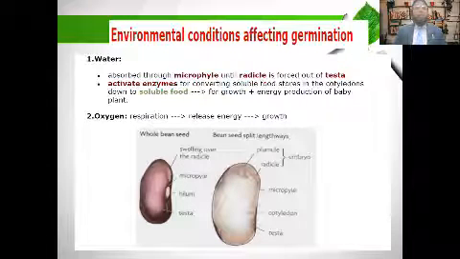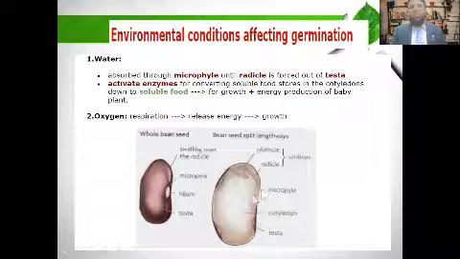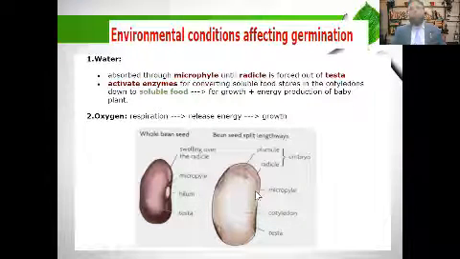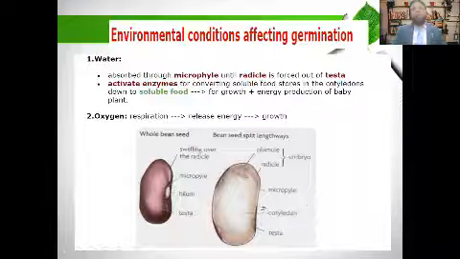As you can see in the diagram, the water is there. Here, you can see there is a specific pore or hole in the seed, which we call the micropyle, by which it absorbs water.